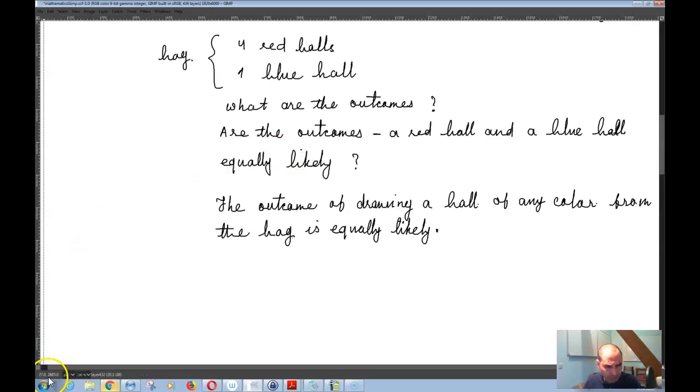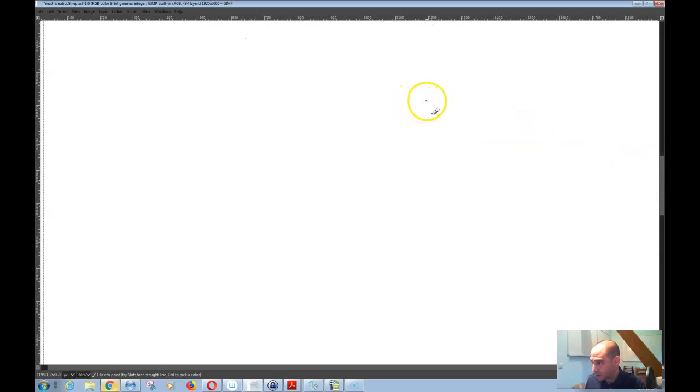What I think is meant by this, which is a very fundamental thing in this chapter, is that we talked about the concept called equally likely outcomes.